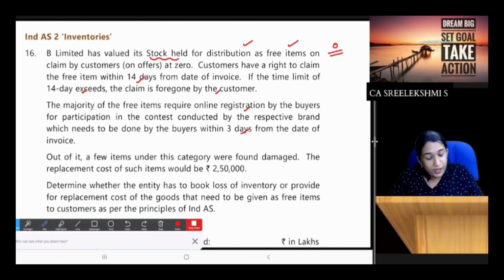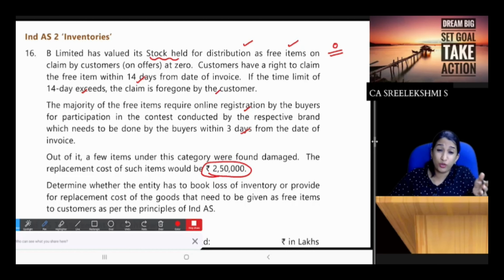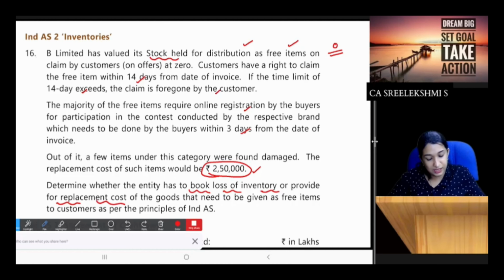Out of it, a few items under this category were found damaged. The replacement cost of such items is 2,50,000. Determine whether the entity has to book loss of inventory or provide for replacement cost of goods that need to be given as free items to customers as per the principles of Ind AS.